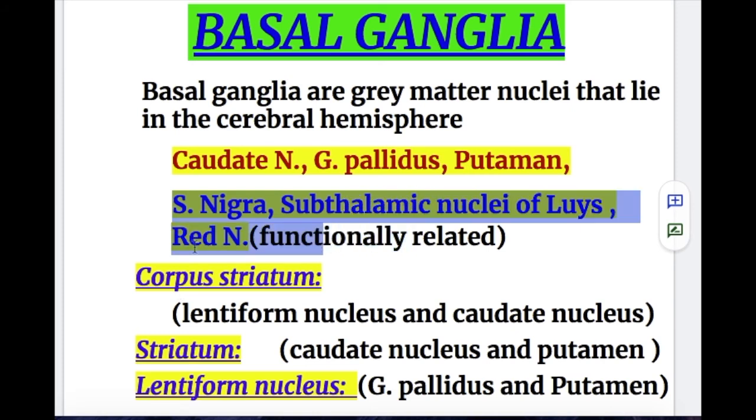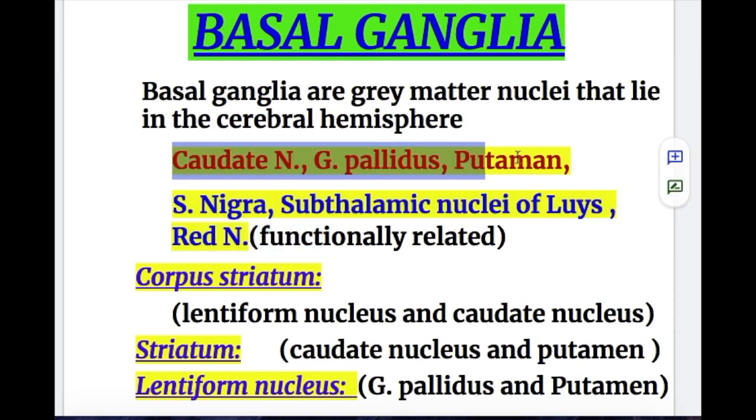Three terms are related to the first group of these nuclei: corpus striatum, striatum, and lentiform nucleus. In all these three, putamen is common. First, corpus striatum includes all the three: caudate nucleus, globus pallidus, and putamen. And striatum is putamen plus caudate nucleus, and lentiform nucleus is globus pallidus and putamen.